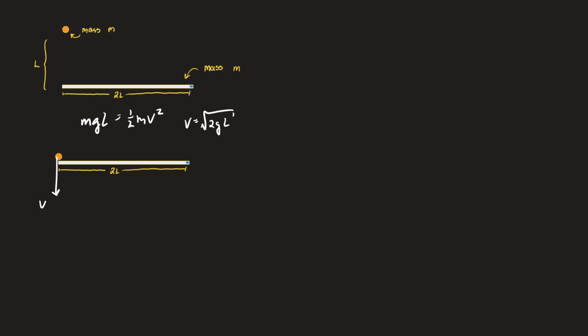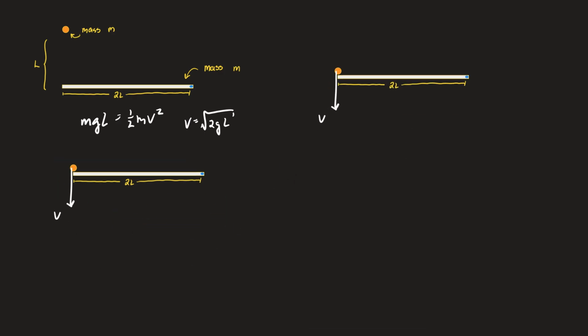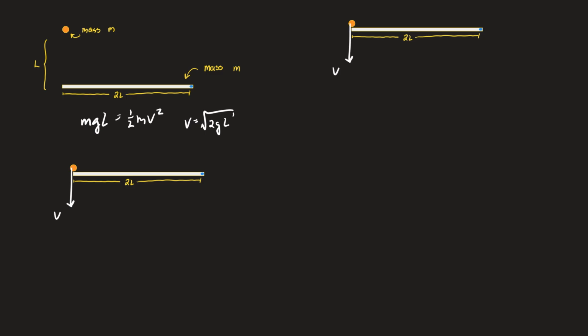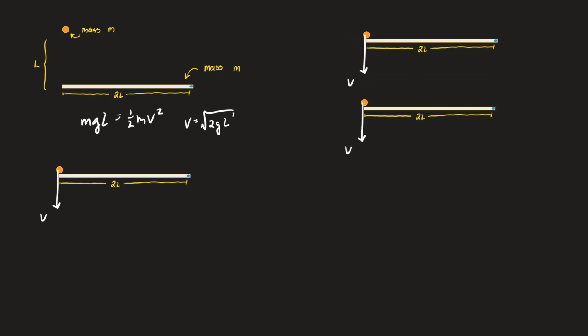All right. Let's move on to part 2 of this problem. In part 2 of this problem, there's the instant just before a collision and the instant just after the collision. And in the instant just after the collision, the ball and rod stick together, and that system now has momentum as a group.